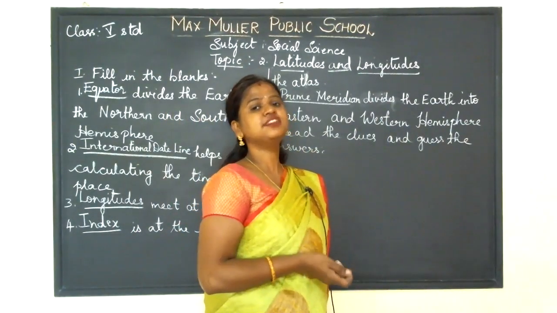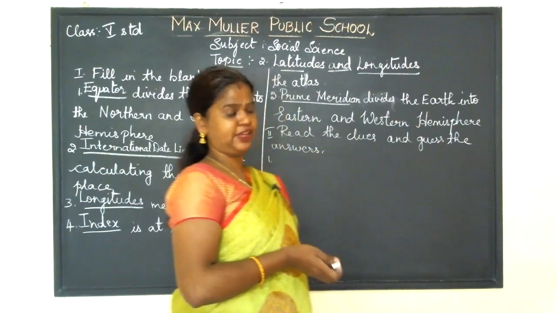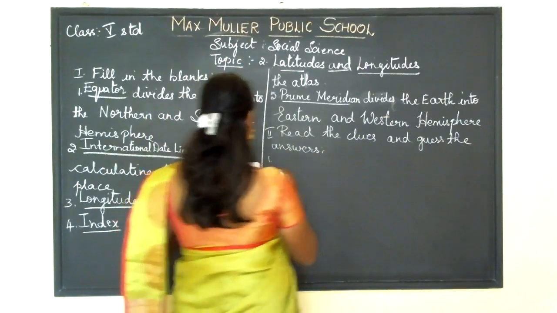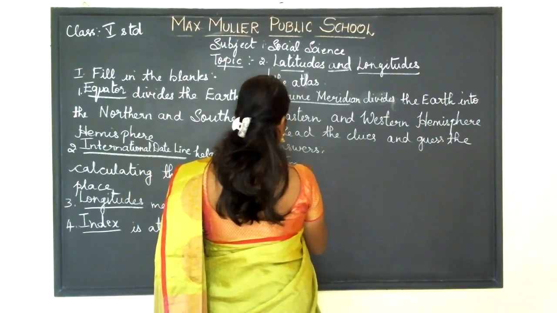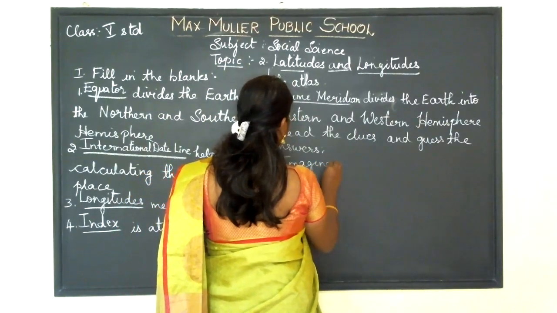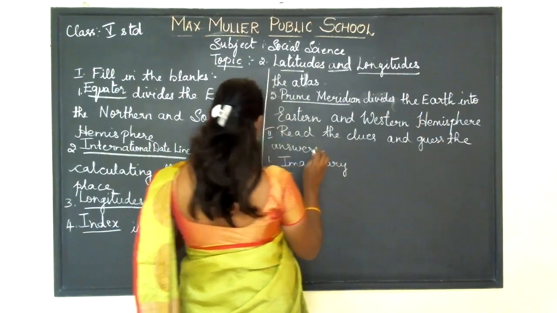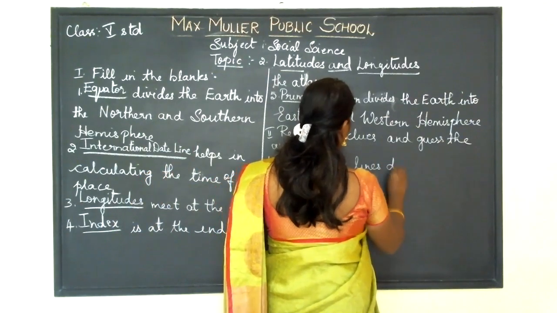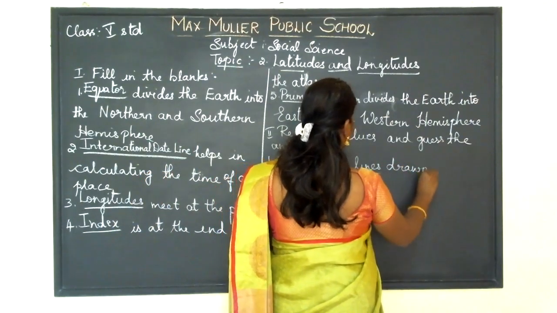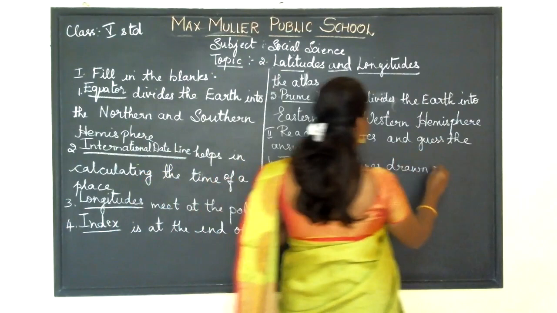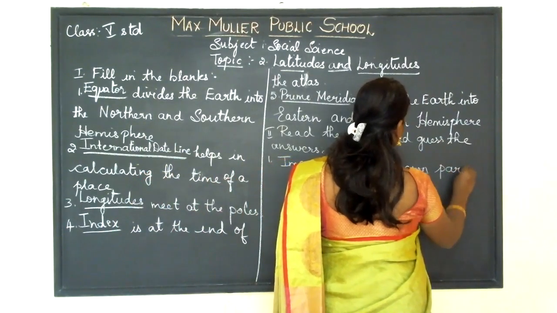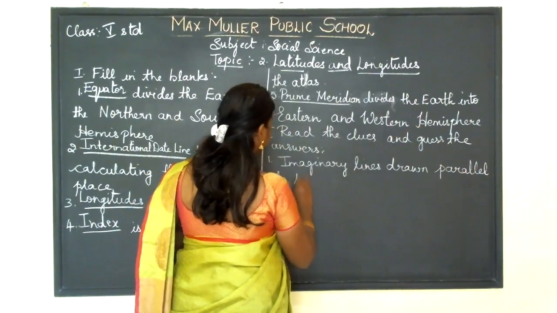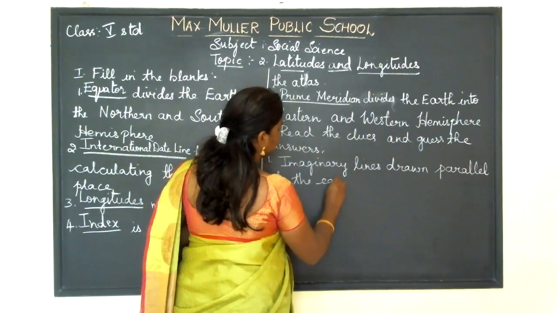You have to just guess the answers by keeping the clues in mind. The first question is: imaginary lines drawn parallel to the equator.